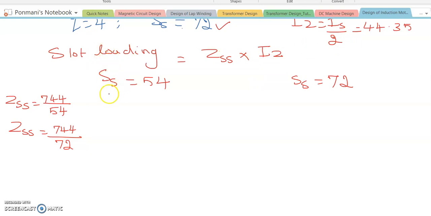So for SS equal to 54, the slot loading is 620 amperes.